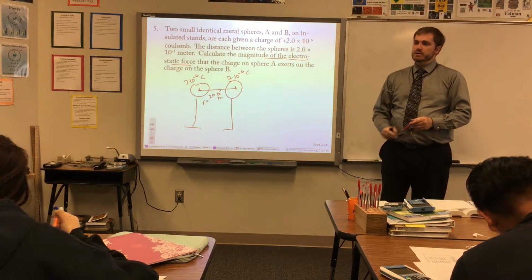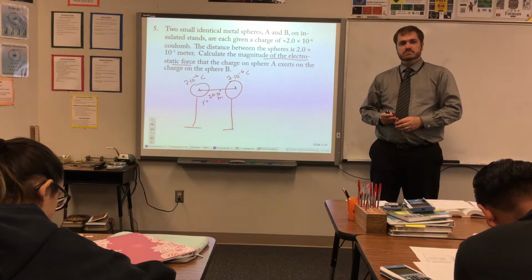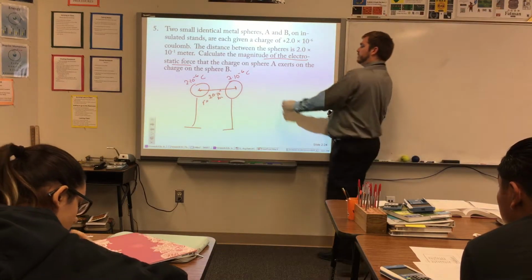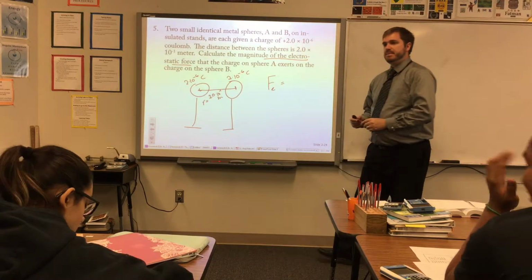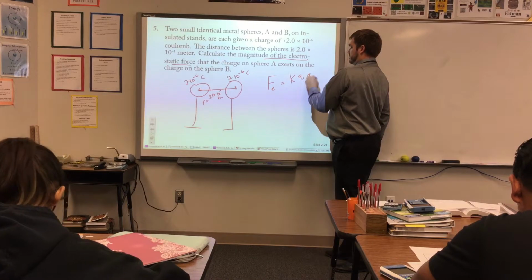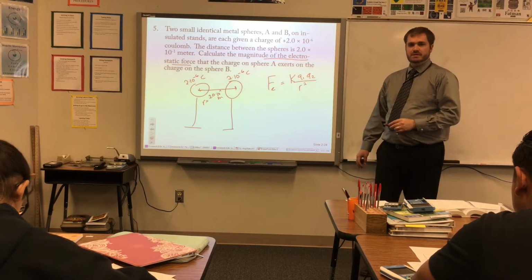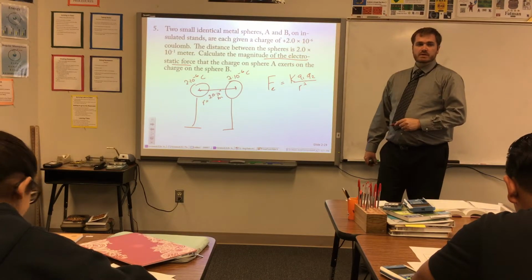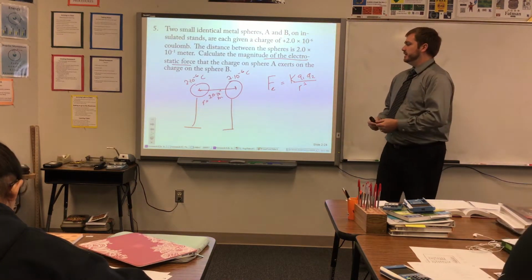on sphere B. Does anybody know a formula that would help us out with this? What's that? K Q1 Q2 over R squared. Yep. Does anybody remember the name of that formula? Coulomb's law. All right.